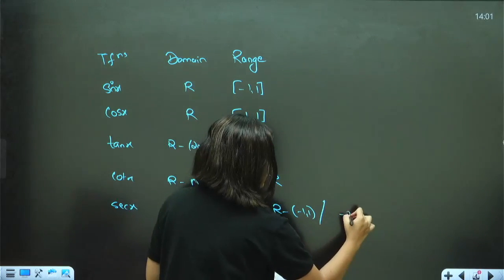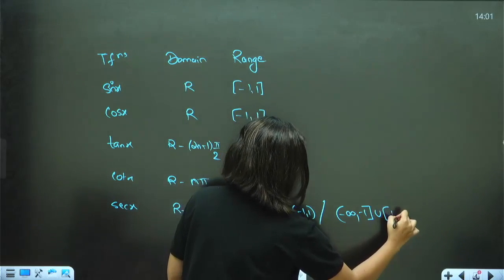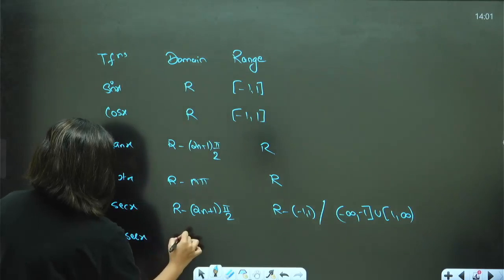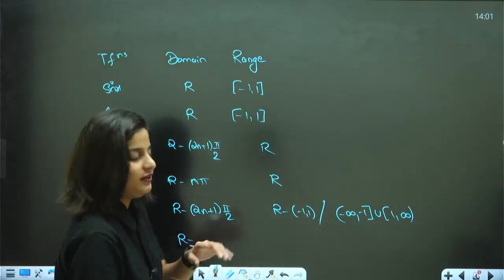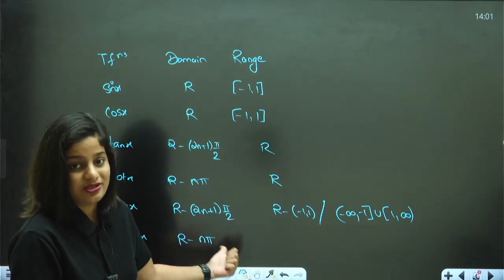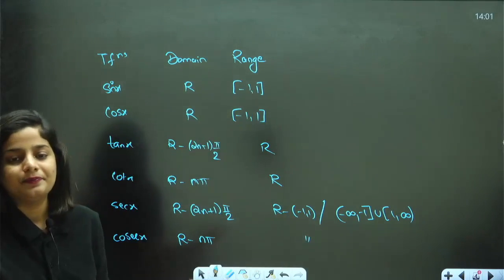You must have also seen it like this: minus infinity to -1 union 1 to infinity. Am I correct? And last one, cosec x. Cosec of 0 is not defined, so from all real numbers you remove the even multiples of 90, which is n pi, and the range will be the same as your sec x.